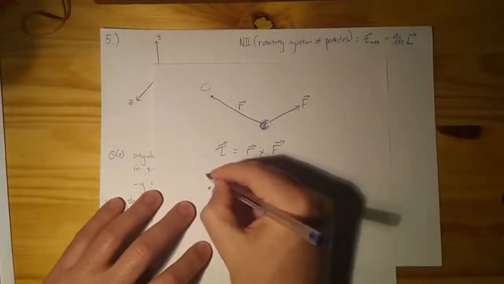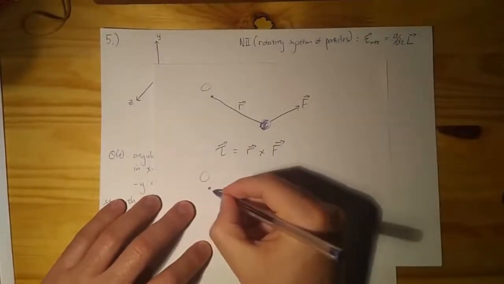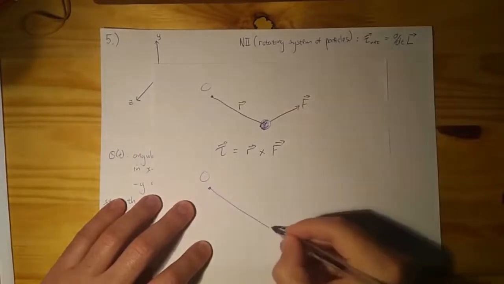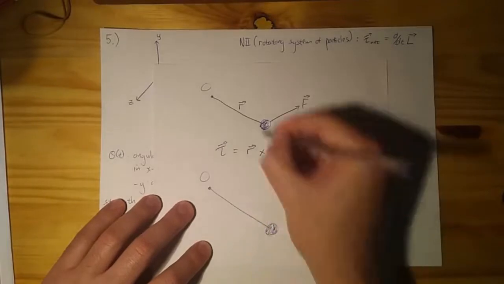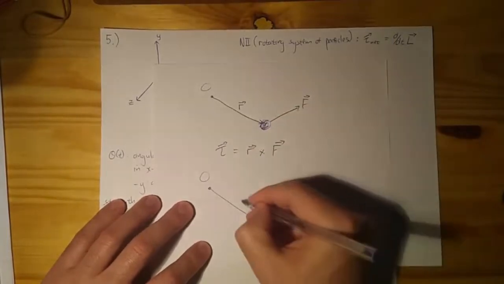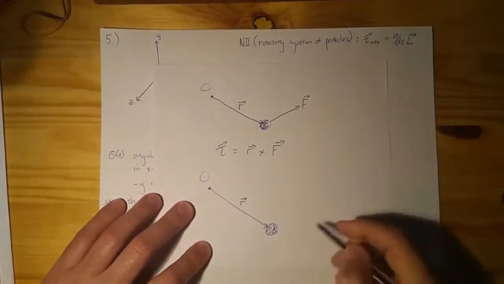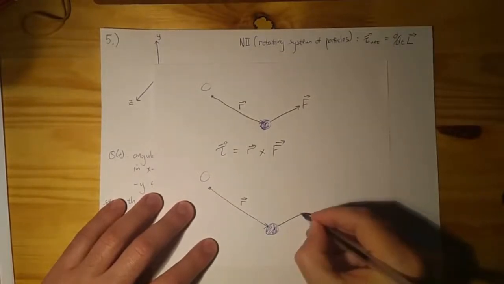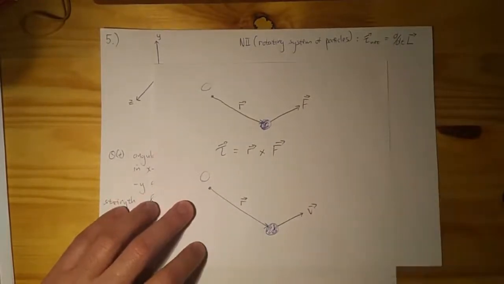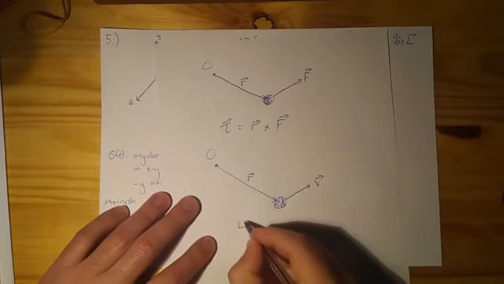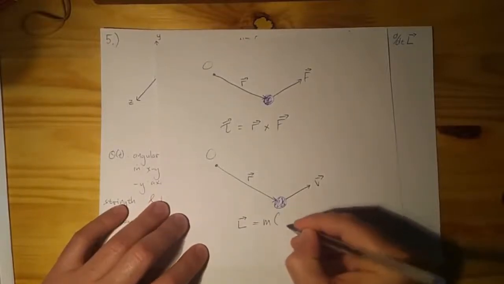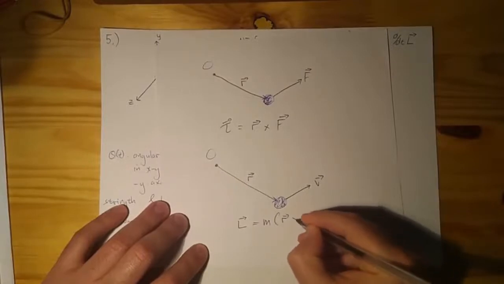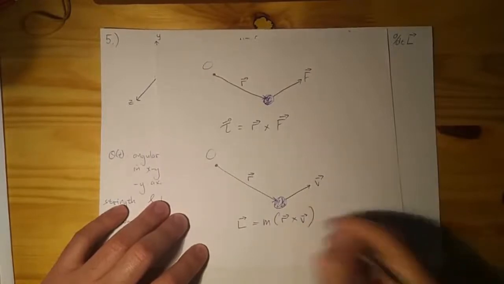So if it's relative to some point, if I've got my object and this connecting vector to the origin is r, and it's moving with some velocity v, then the angular momentum is the mass times this r cross product v.